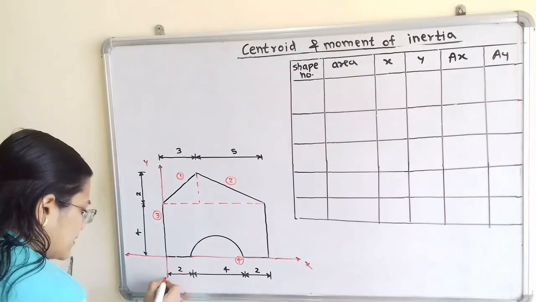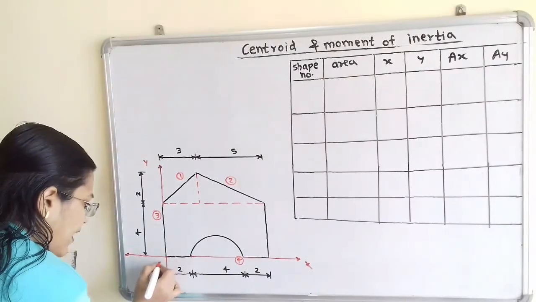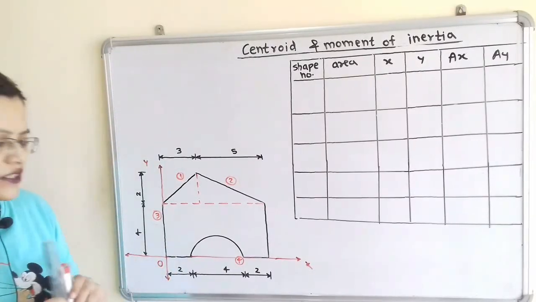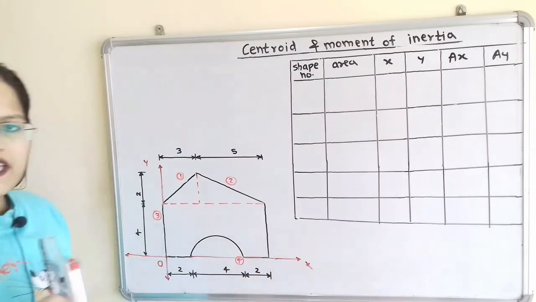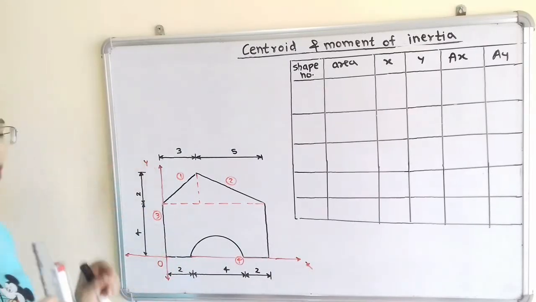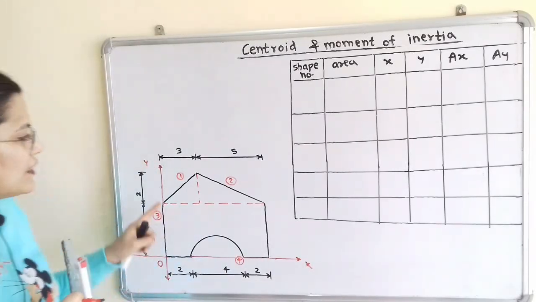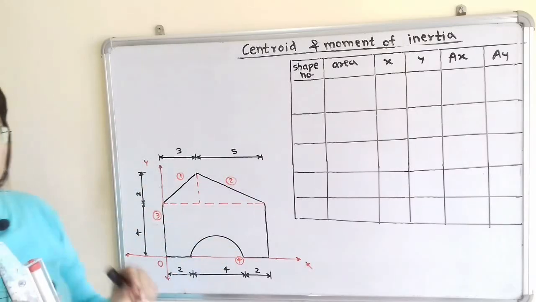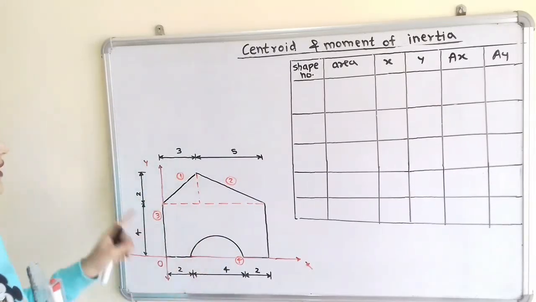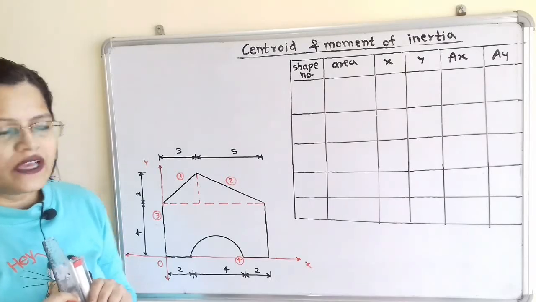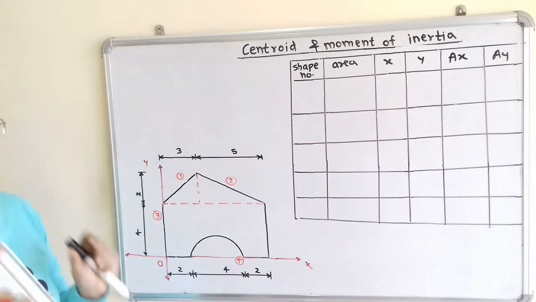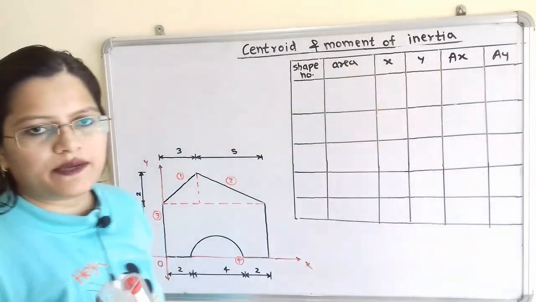The point of intersection of the x-axis and y-axis is known as the origin. The values on the right hand side and in the upward direction are positive. That means this shape is in the first quadrant and all the measurements are positive. Now to find the centroid, we will prepare one table.